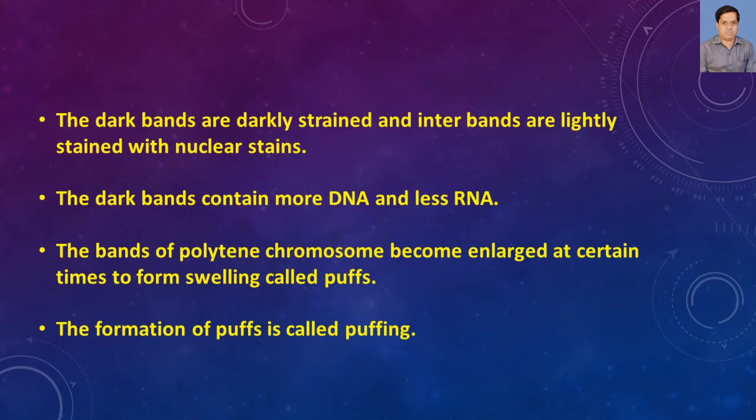The bands of the polytene chromosomes become enlarged at certain times to form a swelling known as puffs. The swelling of the bands at certain points is called a puff, and the formation of these puffs is known as puffing.